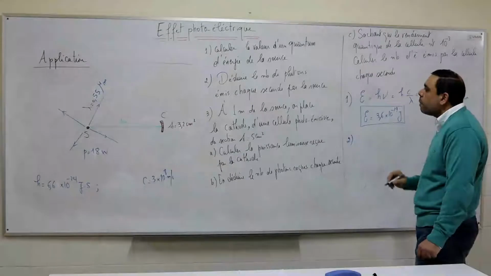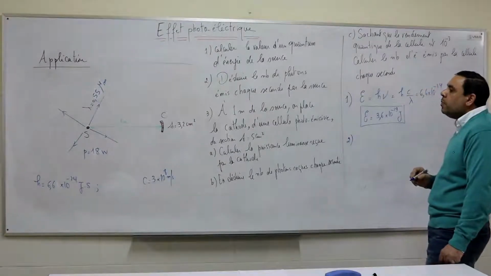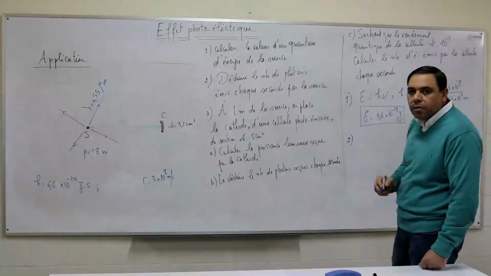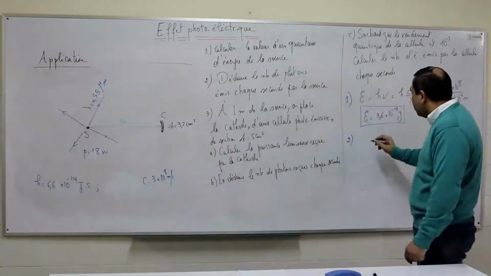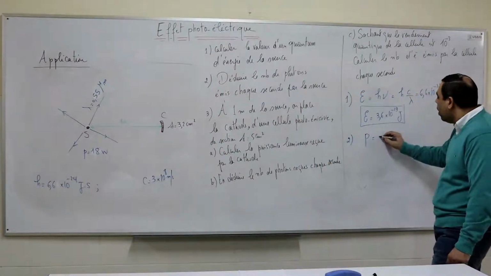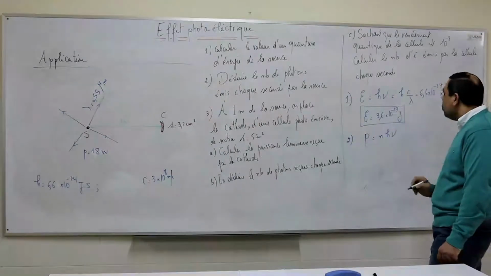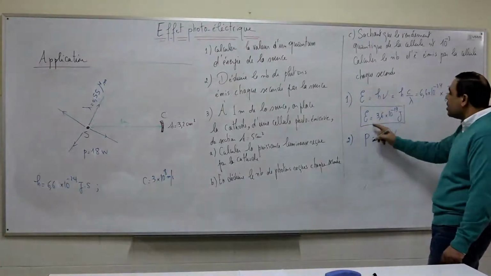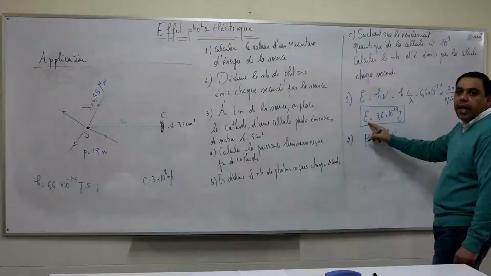In part 2, deduce the number of photons emitted by the source in each second. We know that the formula that gives the power of the source is equal to n h nu, where h nu is the quantum of energy.